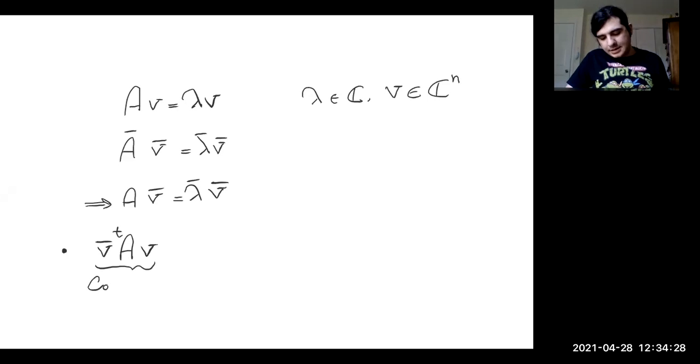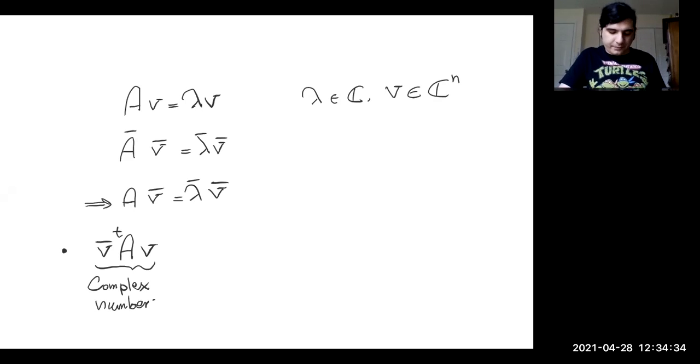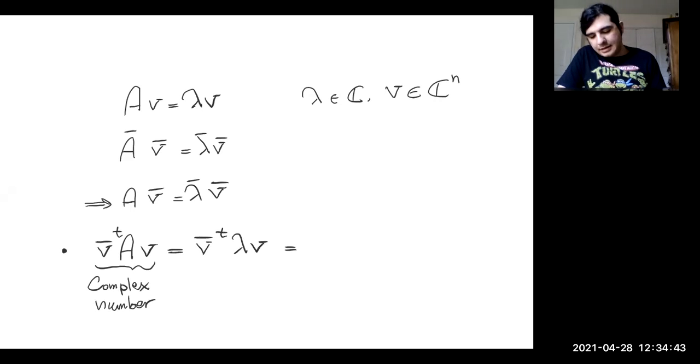So we know this is a complex number, which might be real, but of course, still we don't know that. And Av is equal to lambda v. So we would have v bar transpose lambda v, and that is equal to lambda v bar transpose v. And that's just the inner product of these two vectors.